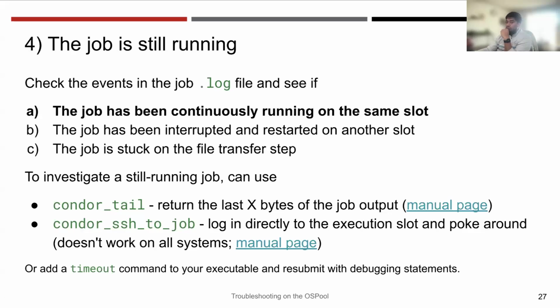For now, if you have any issues and need condor_ssh_to_job in order to debug, do reach out to us, and we'd be able to provide you the list of sites where you can run your test job and see what is going wrong or what's keeping your job running continuously.